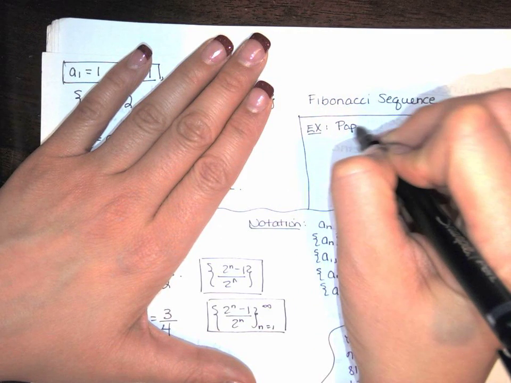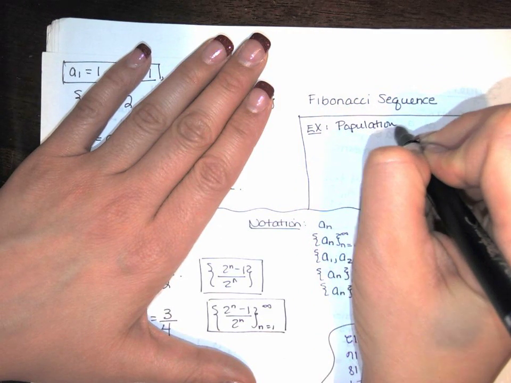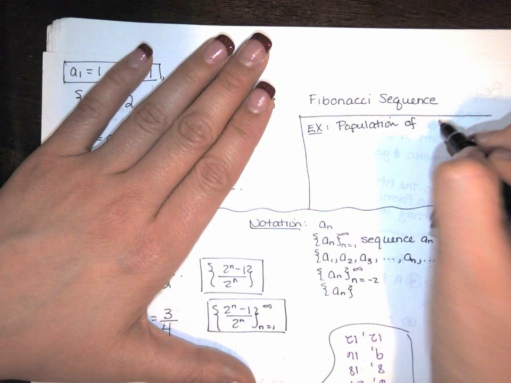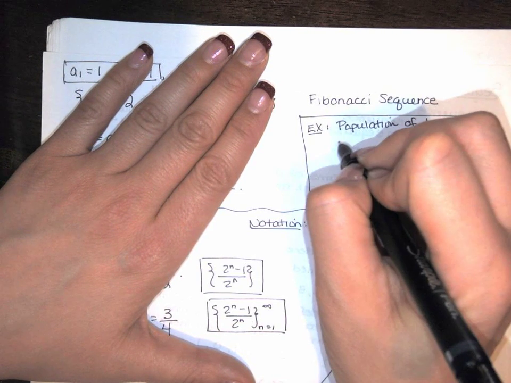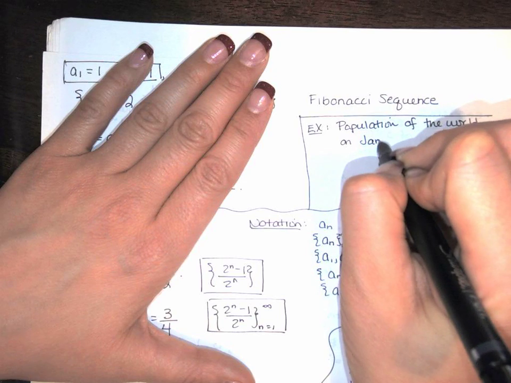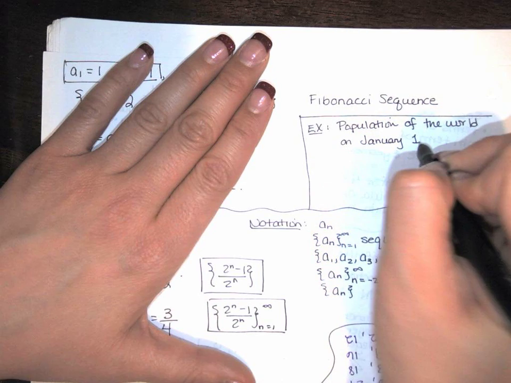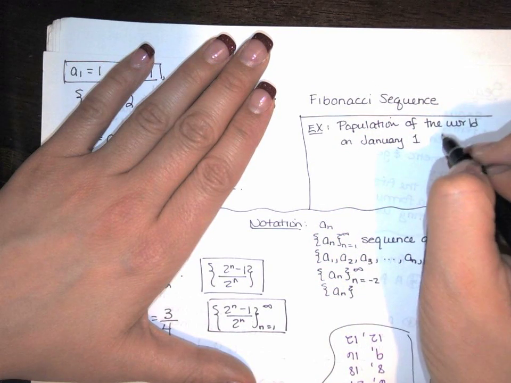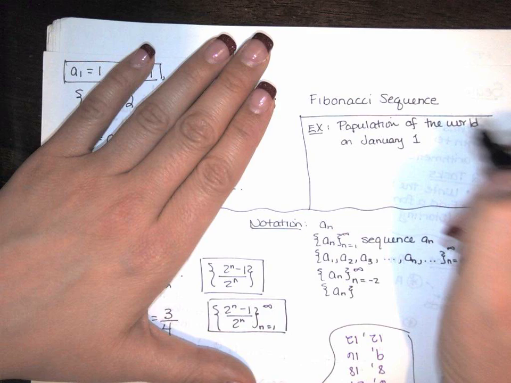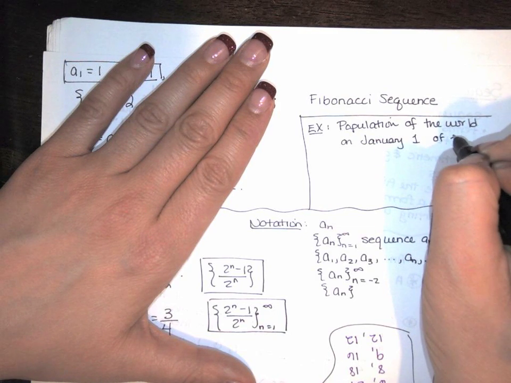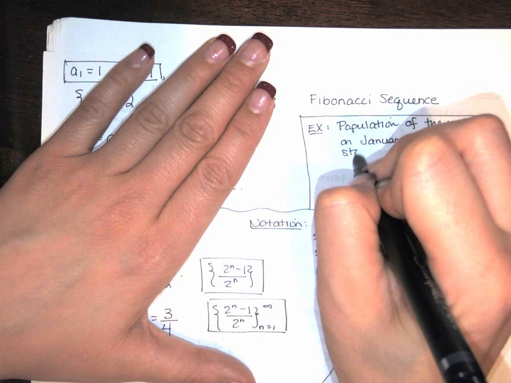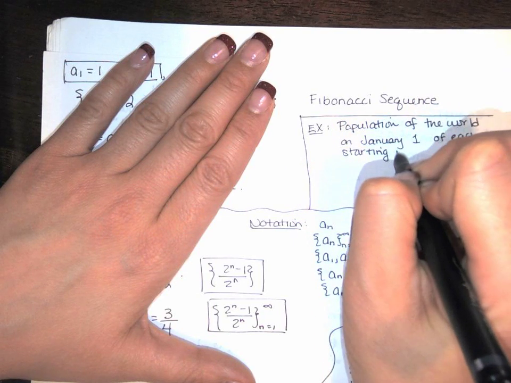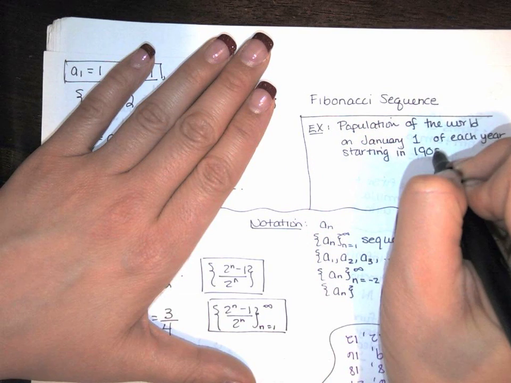So here's another example of a sequence. I might have the population of, let's just say, the world population on January 1st of each year starting in 1900.